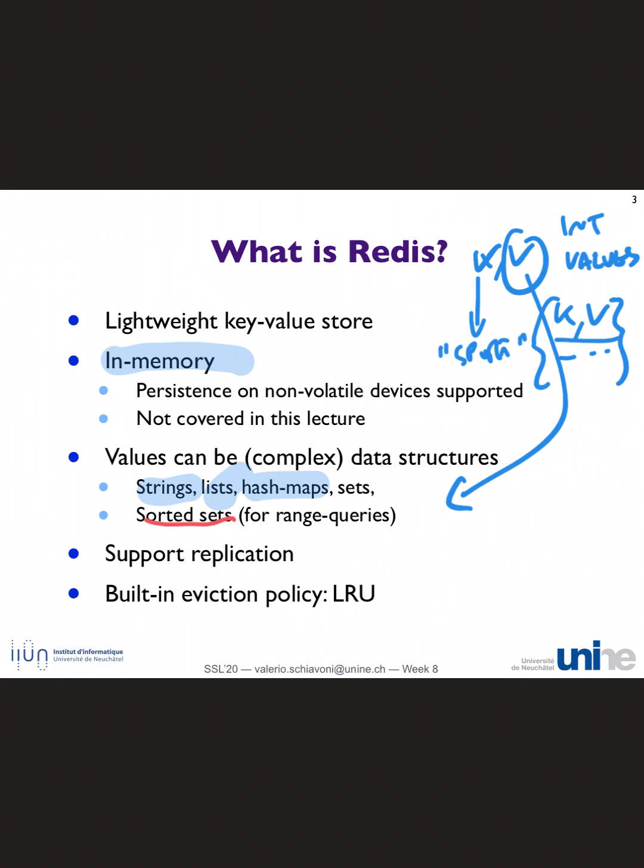And this would allow, for instance, to implement efficiently range queries, meaning to efficiently answer queries that ask, tell me if there are keys such that their value is between a value A and a value B. If the type of the value, what we store here, is for instance a sorted set, then this becomes very efficiently implemented internally by the key value store.